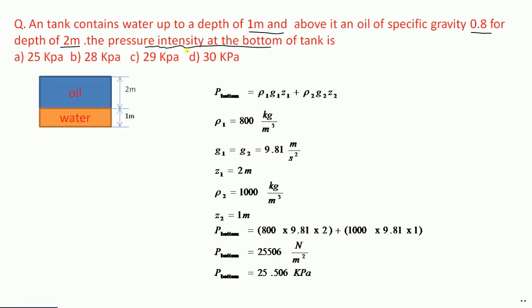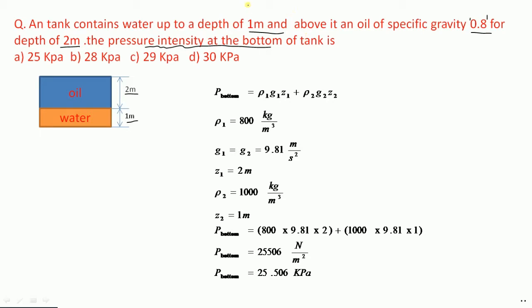So here we can see the diagram that a tank contains oil of depth of 2 meters and water of depth of 1 meter, and they had given the specific gravity of oil as 0.8.